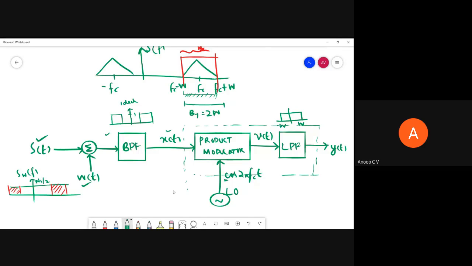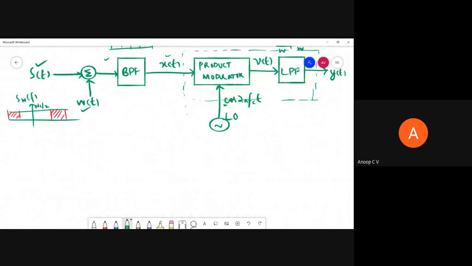Now we have S of t. Again I'll write S of t is equal to C times AC cos 2 pi fct times m of t. Then this W of t, when passed through this band pass filter, let us assume the noise output of the band pass filter is n of t.